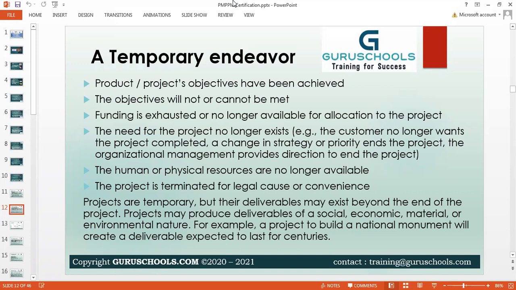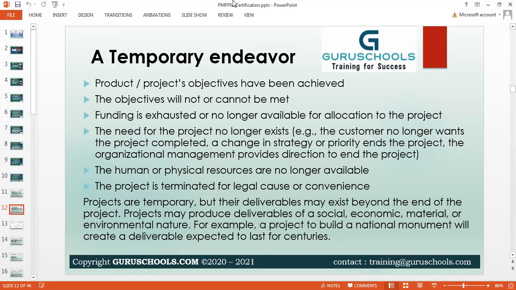Whatever the project I'm trying to execute, even if the end date is clear, due to legal cause or convenience, I have to scrap that project. So that project is a failure because of an environmental condition not in control of the creator or the visionary. This also happens. Very few examples, but yes, this happens.